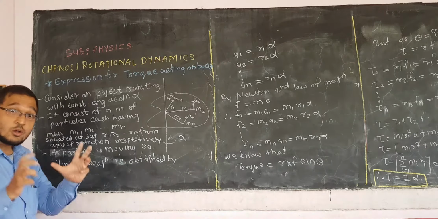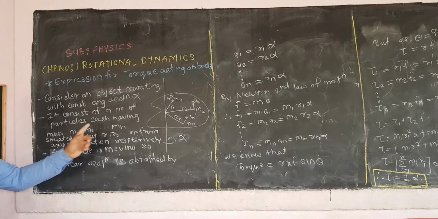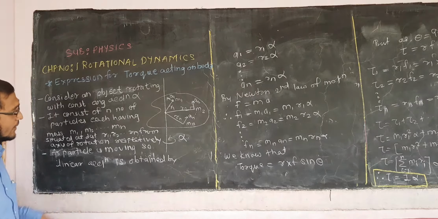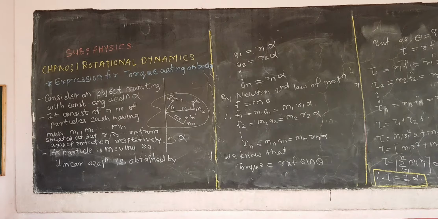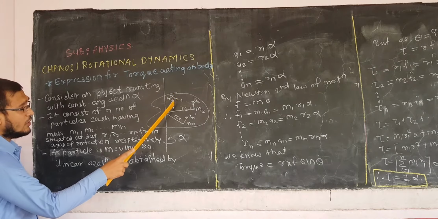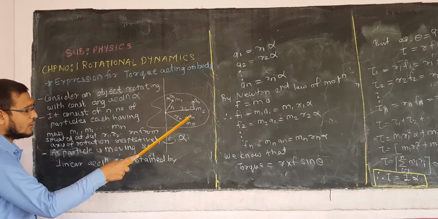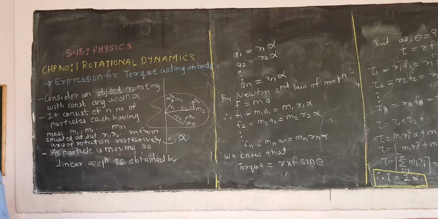It consists of particles having masses m1, m2 and mn, situated at distances r1, r2, rn respectively from this axis of rotation. The first particle has mass m1, distance r1, the second has mass m2, distance r2, and the nth particle has mass mn, distance rn from the axis of rotation.